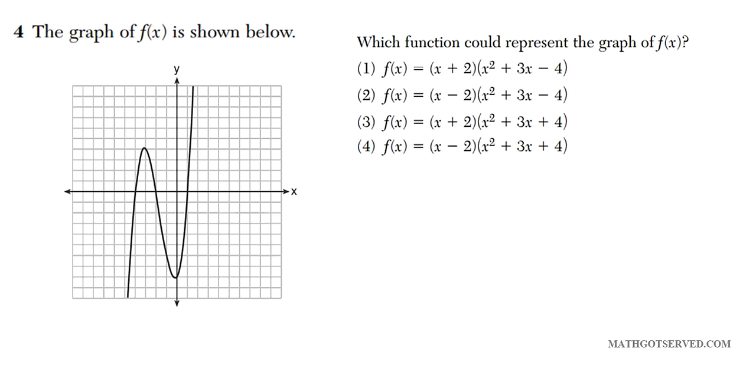All right, let's take a look at number 4. It reads, the graph of f of x shown below, which function could represent the graph of f of x? So what we're going to be looking at here is the x-intercepts or the zeros of the function.